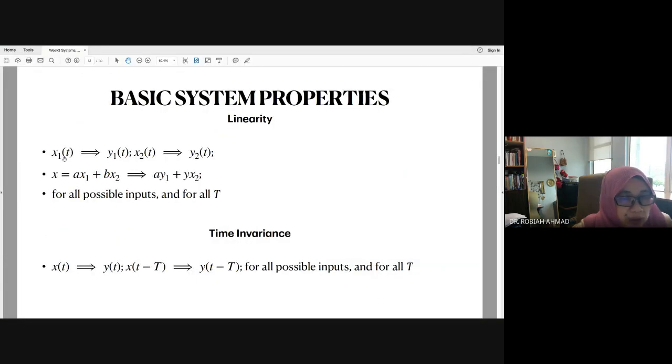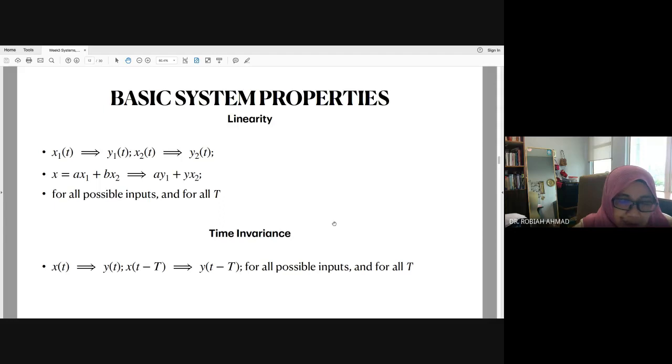If we have x1 giving y1, x2 giving y2, and then if we have x equal to a x1 plus b x2, our output will be a y1 plus b y2. This holds for all possible inputs and for all t.